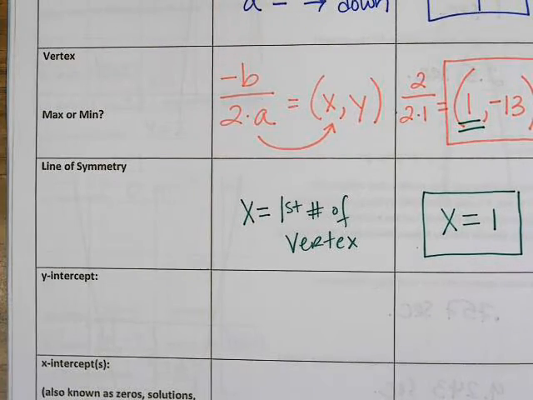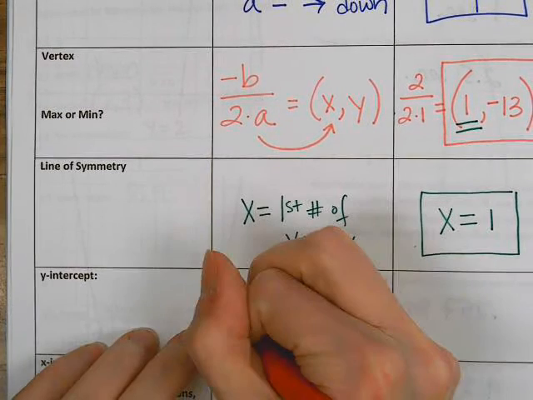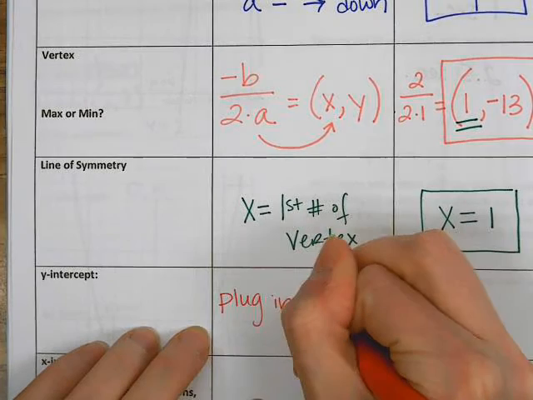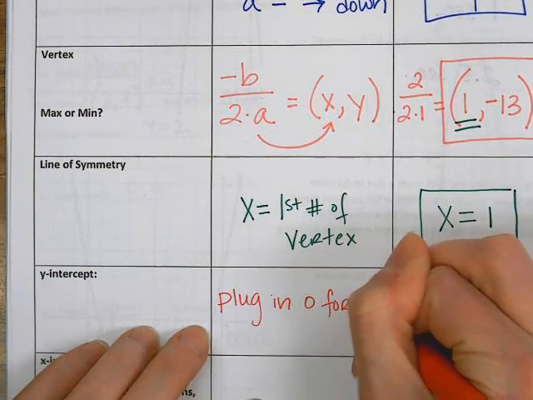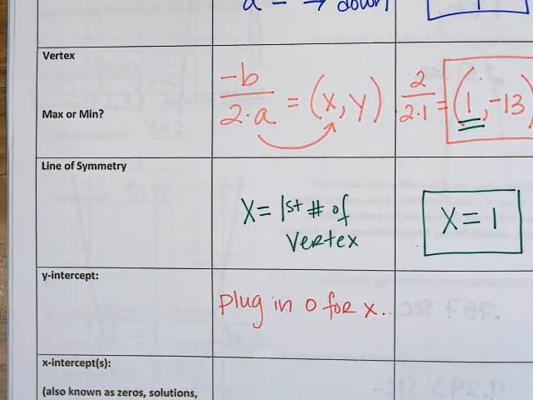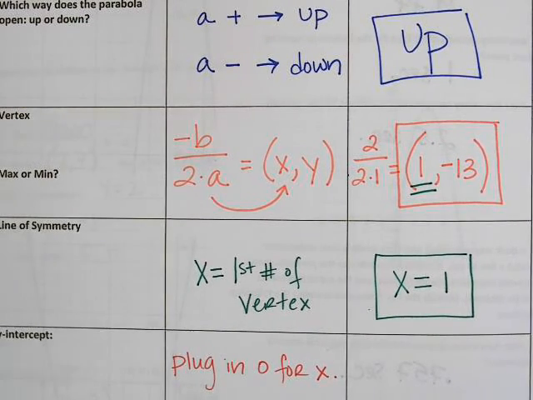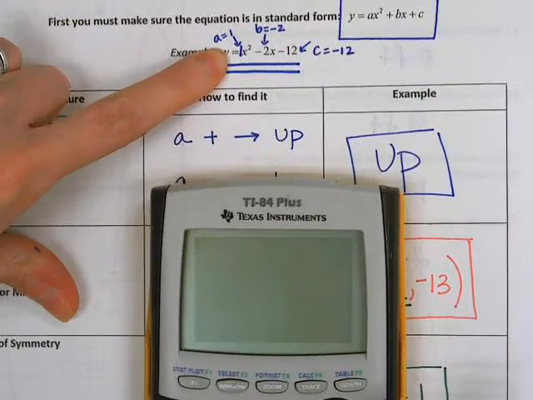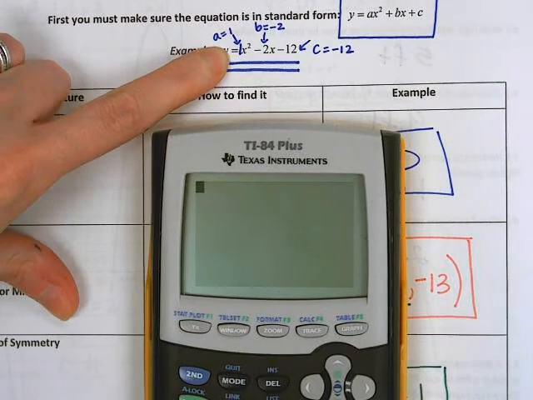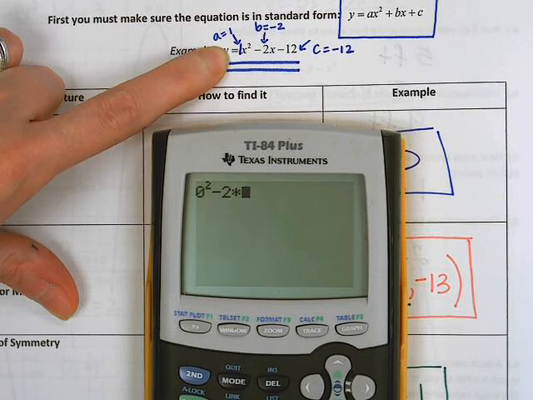The y-intercept, if you remember back to chapter 4, you plug in 0 for x. That's what a y-intercept is. Get out your calculators and go back to the equation and plug in 0 for all the x's. 0 squared minus 2 times 0 minus 12.